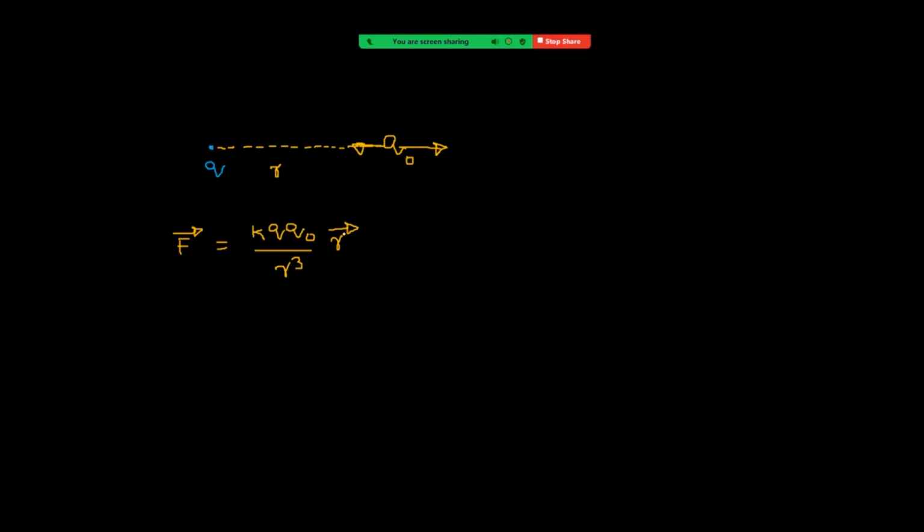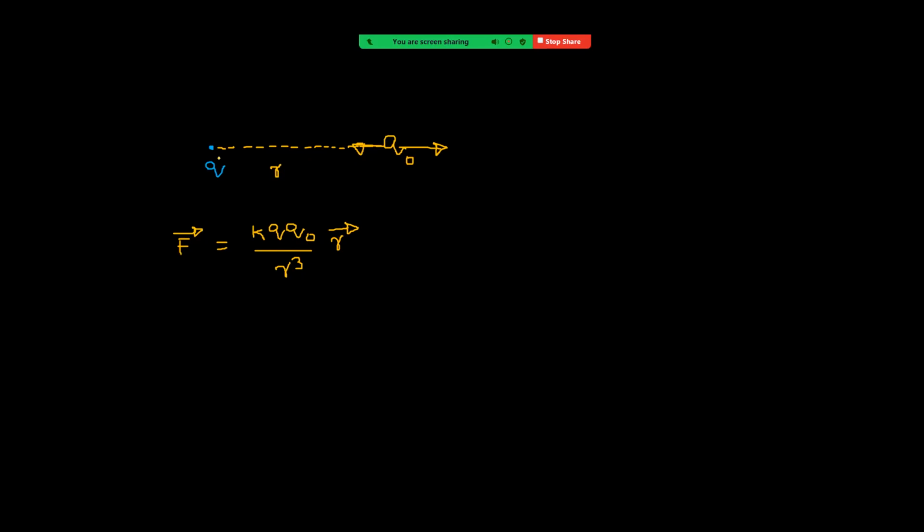When we are focusing on the force on Q naught, R bar represents the position vector of Q naught with respect to Q. R represents the distance between those two.